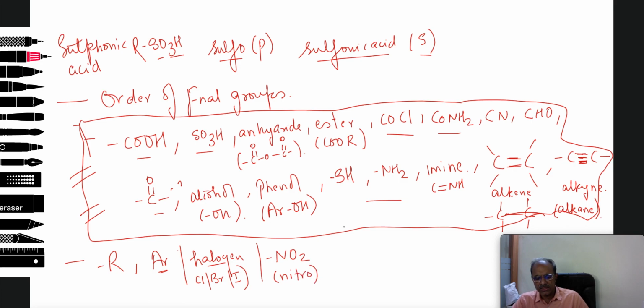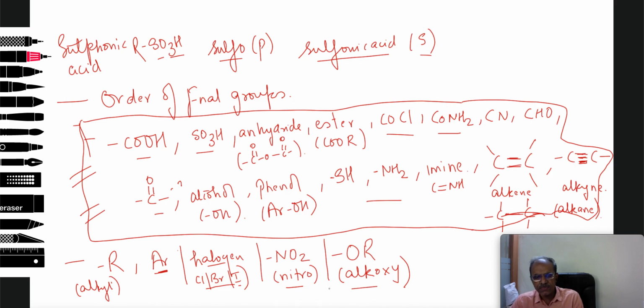Then another one is OR. This is known as alkoxy. Why have I written this? This is nothing else but alkyl. This is nothing else but aromatic. This is halogen, chlorine, bromine, iodine, etc. Then nitro. NO2 is known as nitro. OR is known as alkoxy.